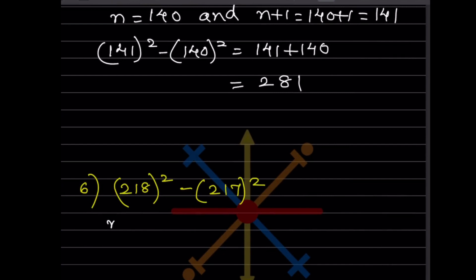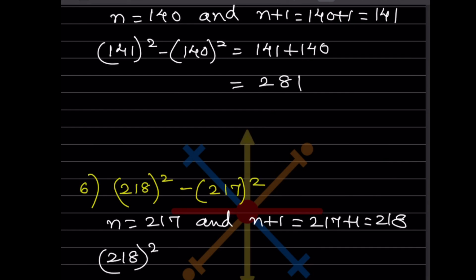Now again the smaller number is 217 and here n plus 1 is going to be 217 plus 1, that will be 218. So 218 square minus 217 square, that will be n plus 1 means 218 and plus n. So when you add this one, you will get 435.